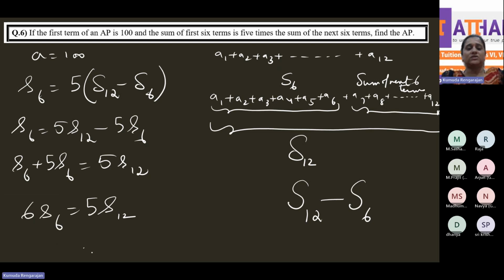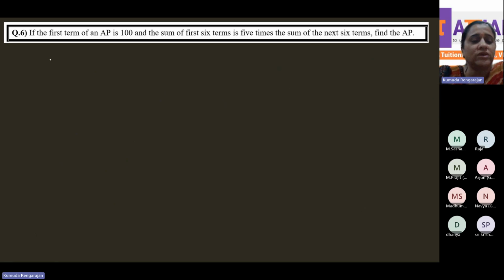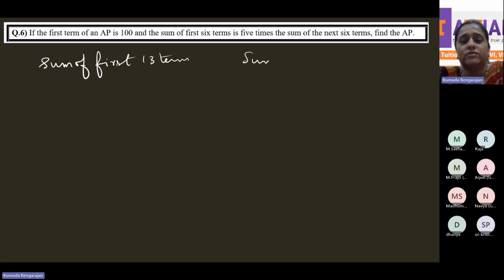Yeah, take a picture, children. So supposing we have the sum of the first 13 terms, and then we have the sum of the next 13 terms. The sum of the first 13 terms is S13.